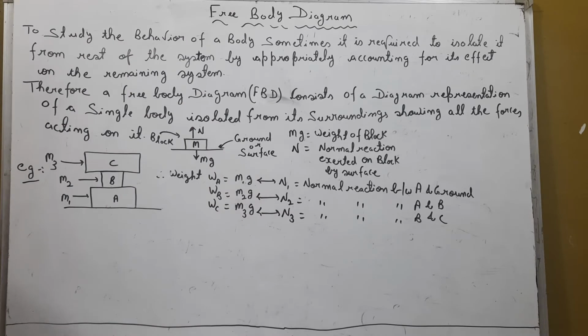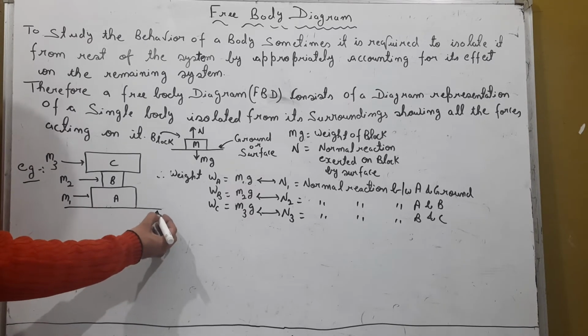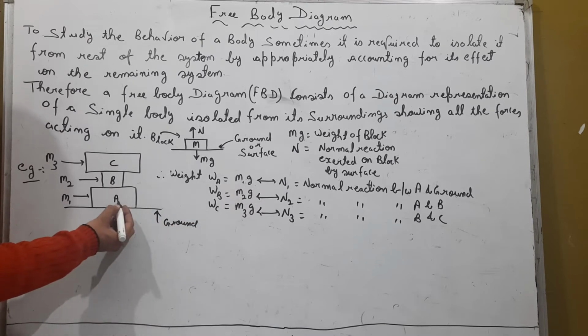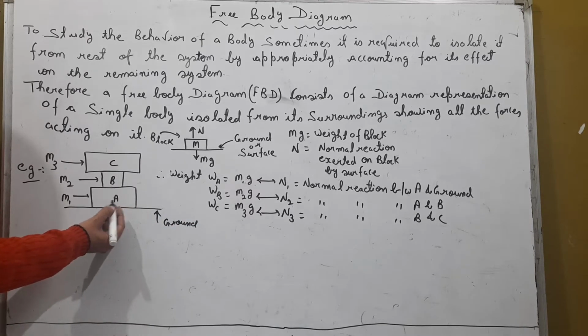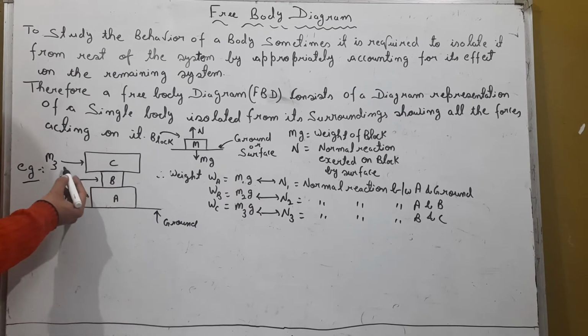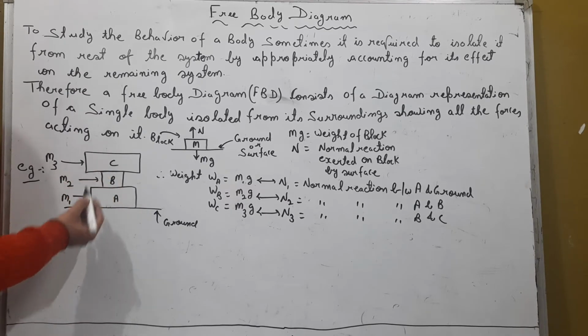Just to elaborate, we will take an example of a system. This system consists of a surface or ground. So this is the surface or ground, and this is block A having mass m1, this is block B having mass m2, and this is block C having mass m3.